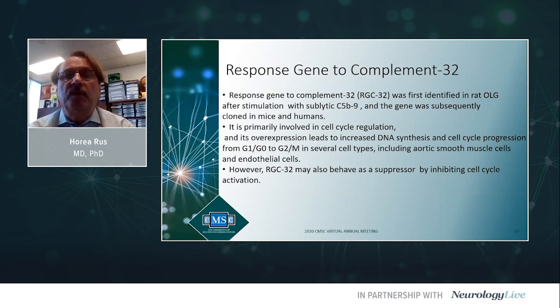In this case, response to therapy with glatiramer acetate, or GA. This gene was first identified after stimulation of oligodendrocytes with sublytic C5b-9, and plays a major role in complement activation and induced cell cycle.